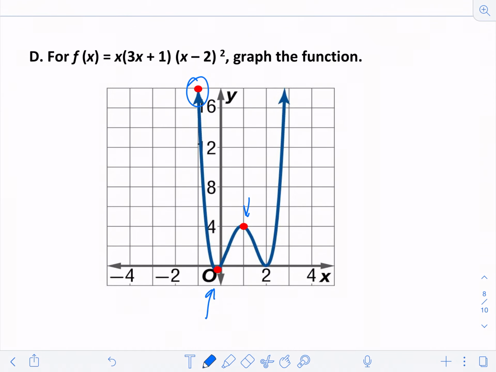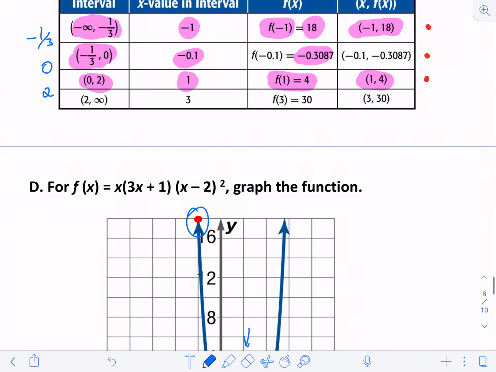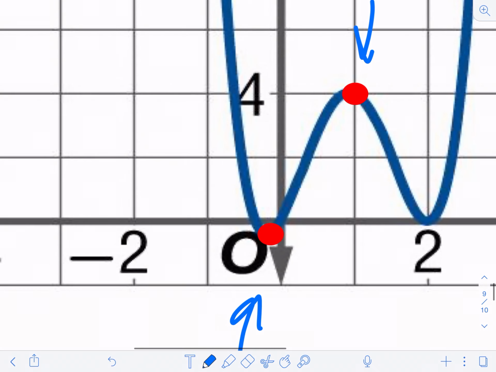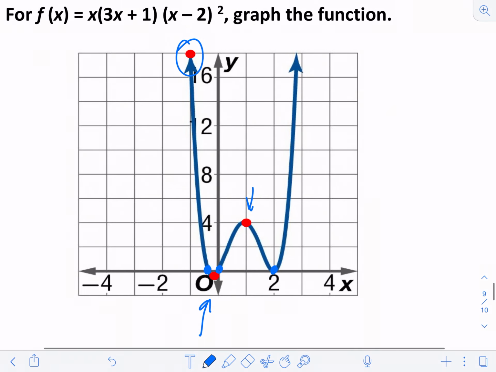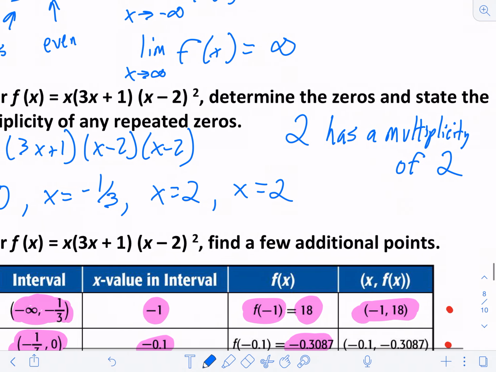And then what do I know about my zeros? Well, I know I have my zeros at negative 1/3, 0, and 2. So in this graph, negative 1/3 is this dot right here, 0 is this dot right here, and 2 is this dot right here. But remember, 2 had a multiplicity of 2, so it didn't actually cross the x-axis. It just touched it because it was tangent.